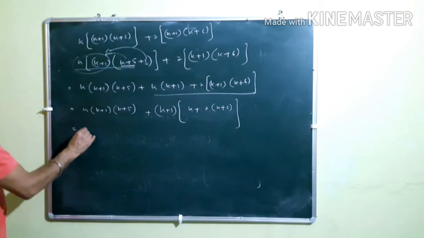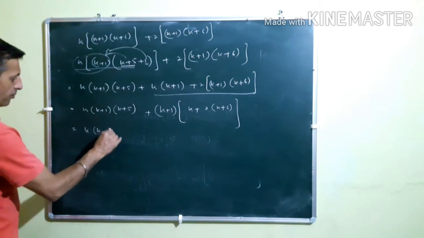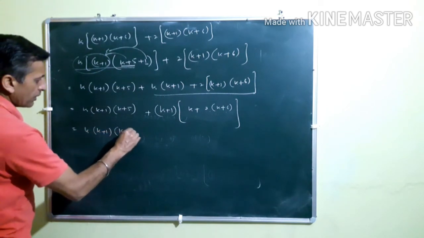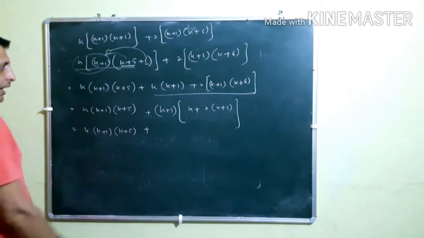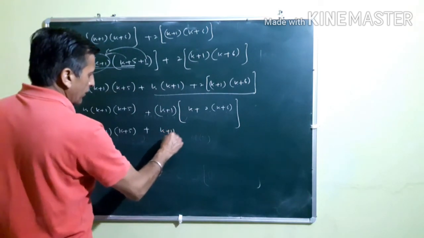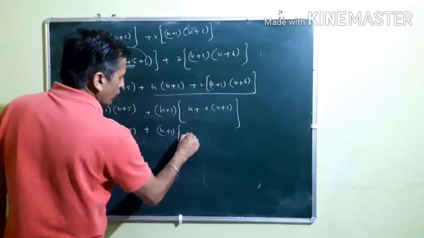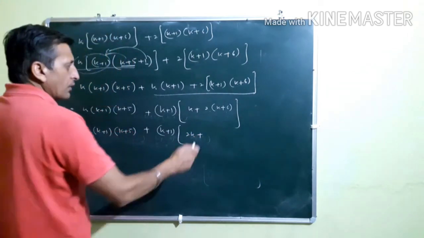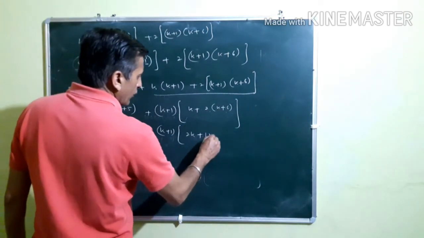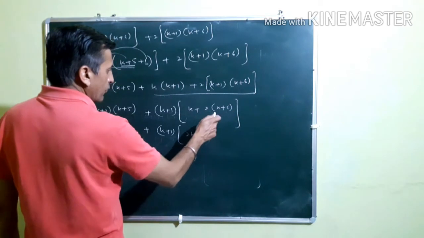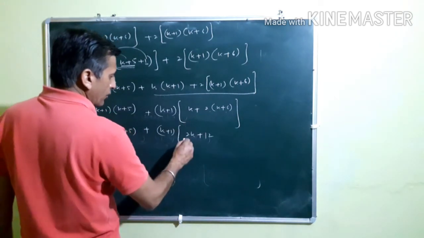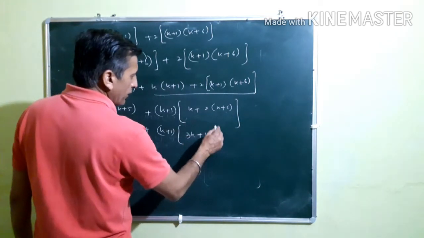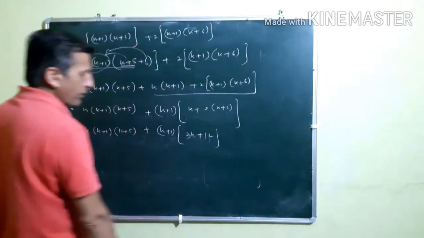So it's k into k plus 1, k plus 5 as it is, and it is equal to k plus 1 into 2k plus 12. And 1k is there, so it's equal to 3k plus 12.